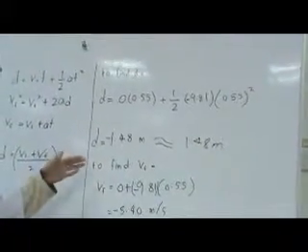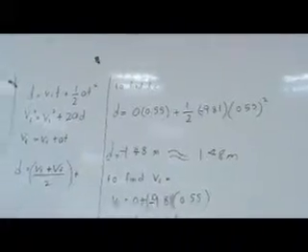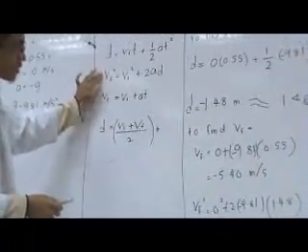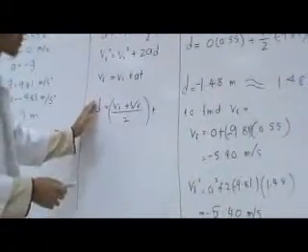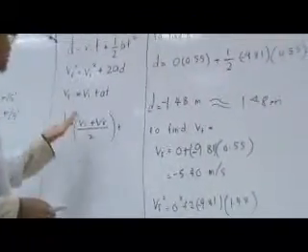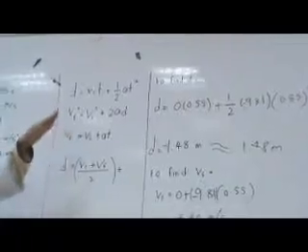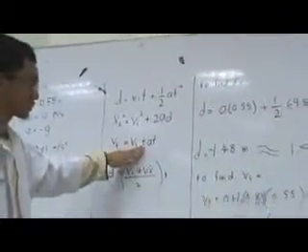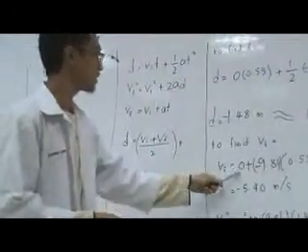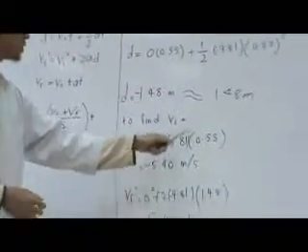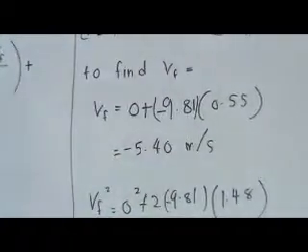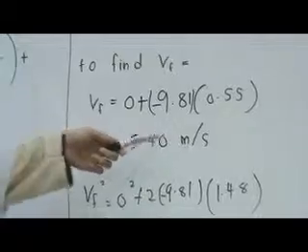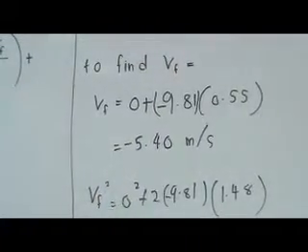To find final velocity, we can use this equation, or maybe this one. First, I want to show you this equation: Vi plus AT, and then we get negative 5.0 meters per second.